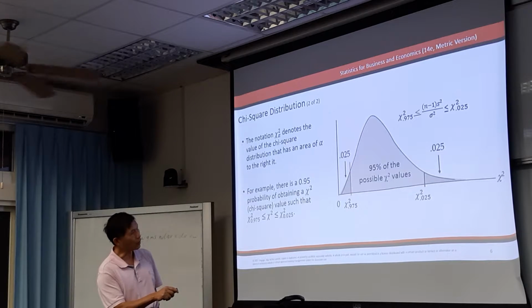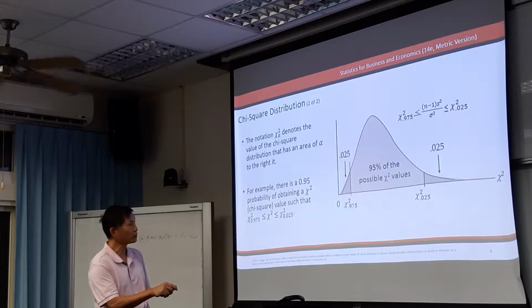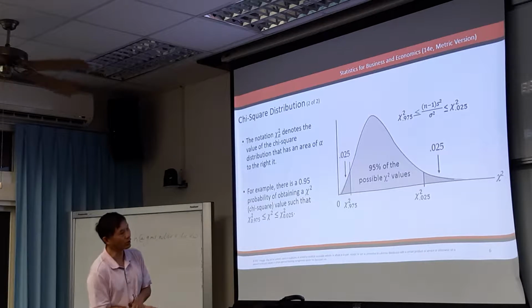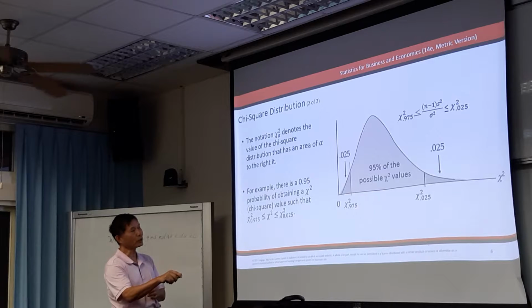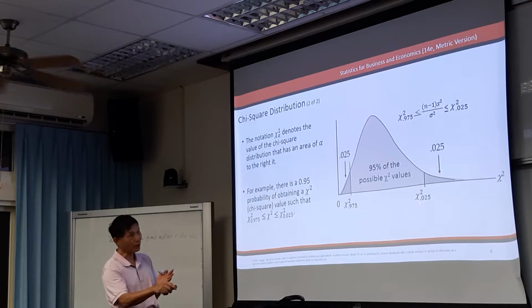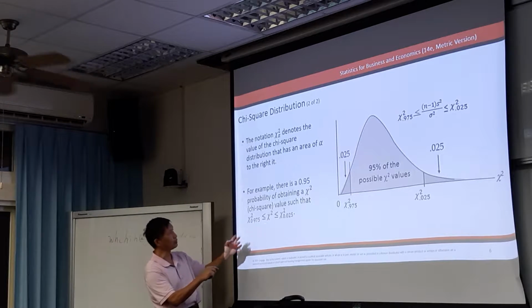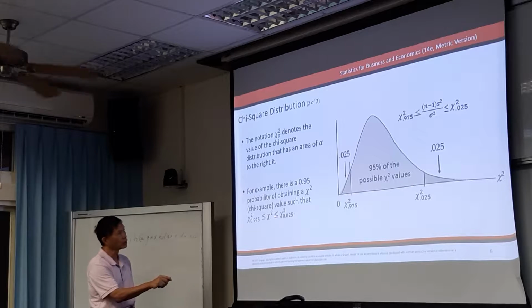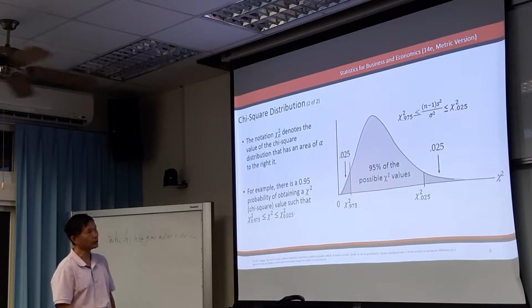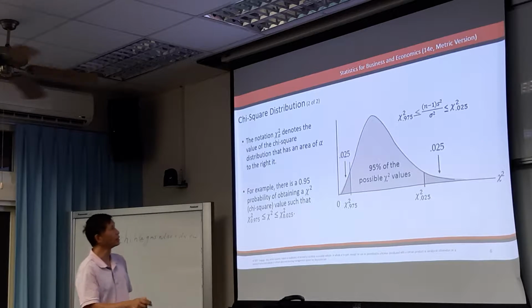On the right hand side there is 97.5%. Some students just get confused. Okay. If you look at the table, this value will be smaller and this value will be bigger. And the confidence interval, the chi-square value is between this range. So there is 95%, which means outside there is 5%, so either side there is 2.5%.